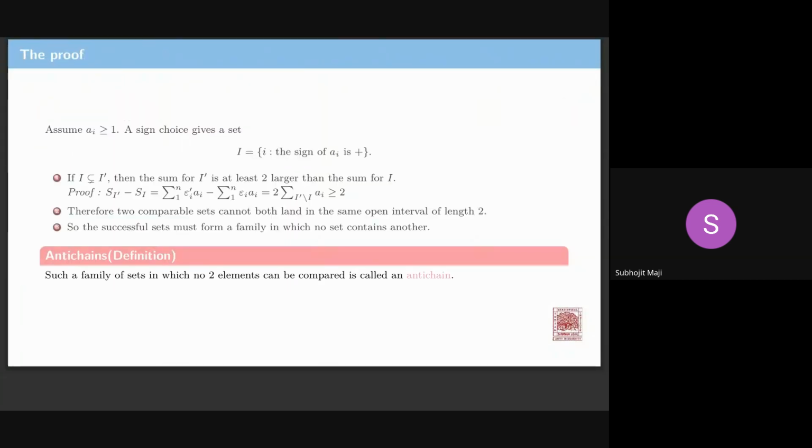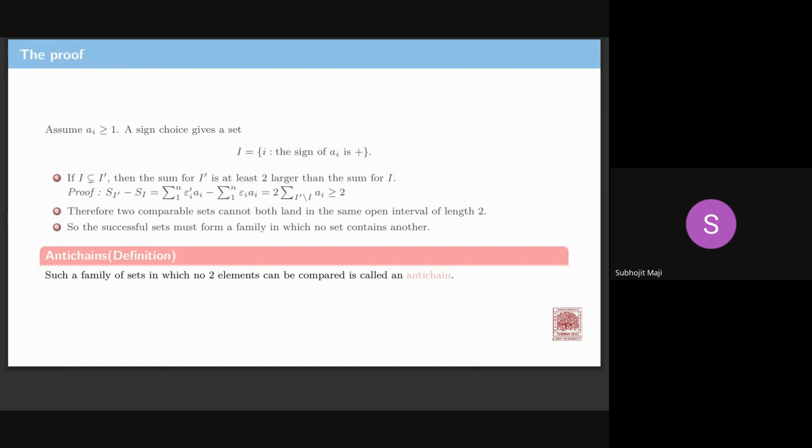So antichains are something where you first define a comparison between two sets. You have a family of sets, and you define the comparison between two sets. Here we have been comparing using the containment relation. That is, I contains I dash. This is how we compare, right?